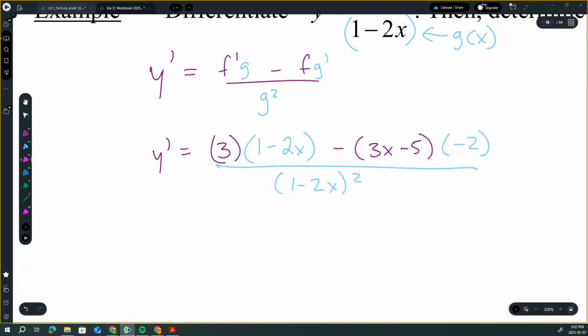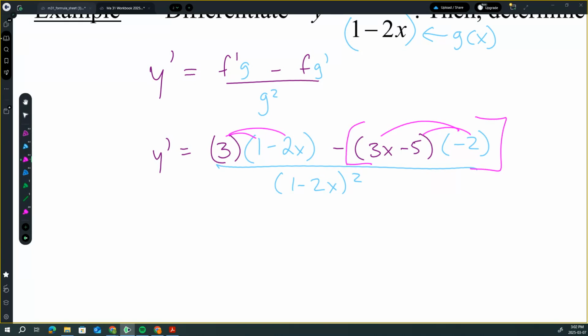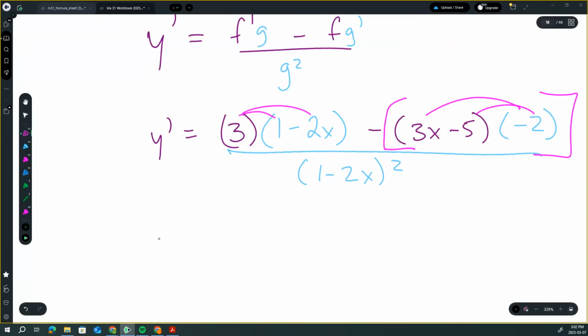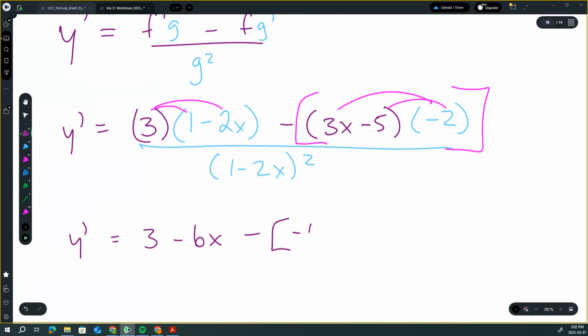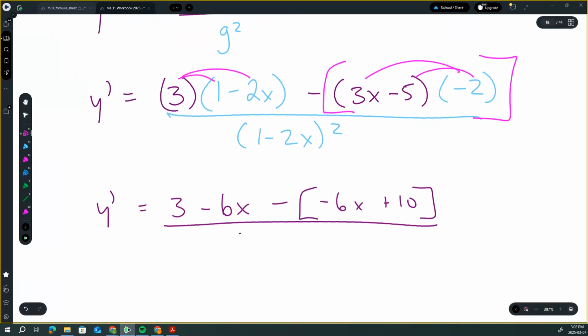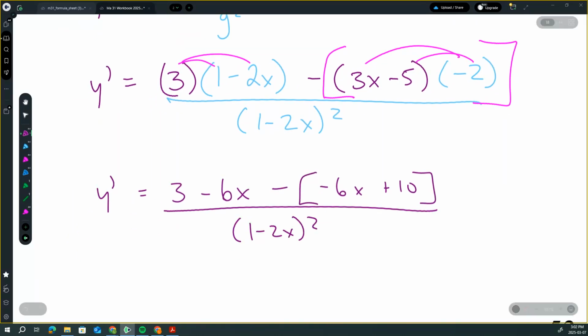Okay, and then we just distribute through, and I'm going to put that last part in square brackets to remind myself to distribute that negative, because that negative right here can be super tricky and easy to forget about. So y prime is equal to 3 minus 6x minus, square bracket, negative 6x plus 10, divided by 1 minus 2x squared.